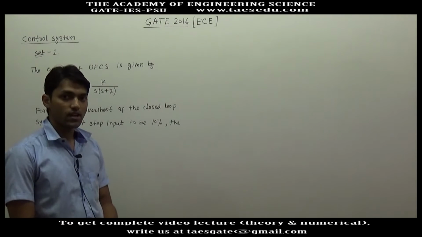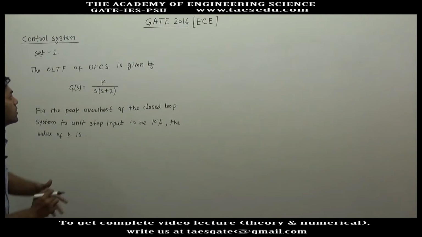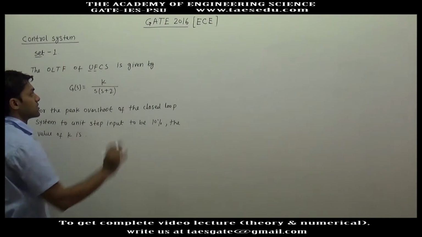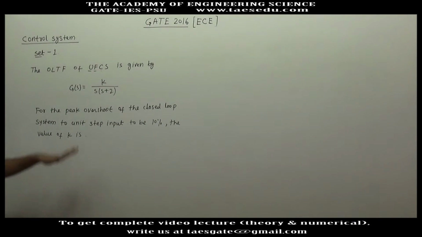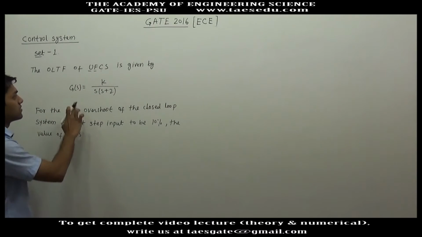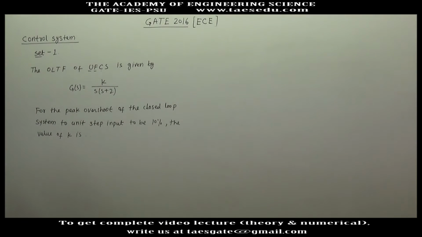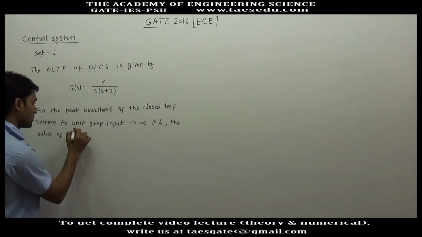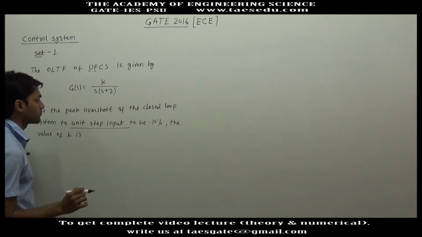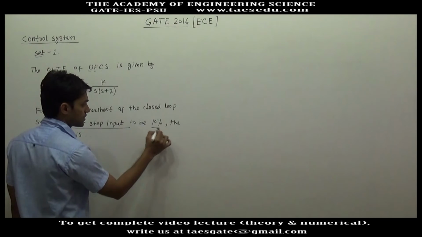In this question we are given the open loop transfer function of a unity feedback control system, G(s) equal to k divided by s into (s plus 2), and for a unit step input, the peak overshoot of the system has to be 10%.